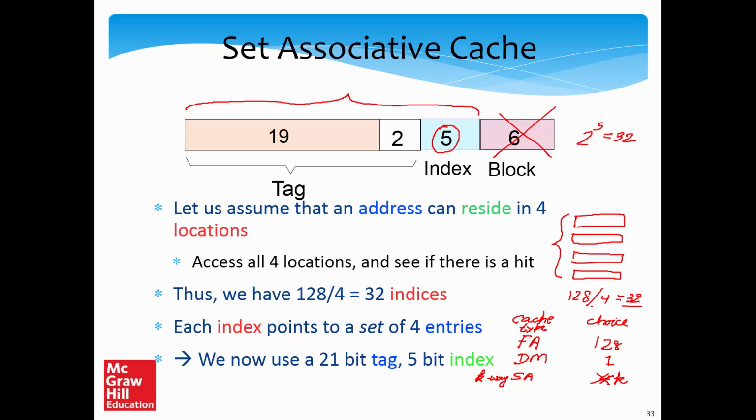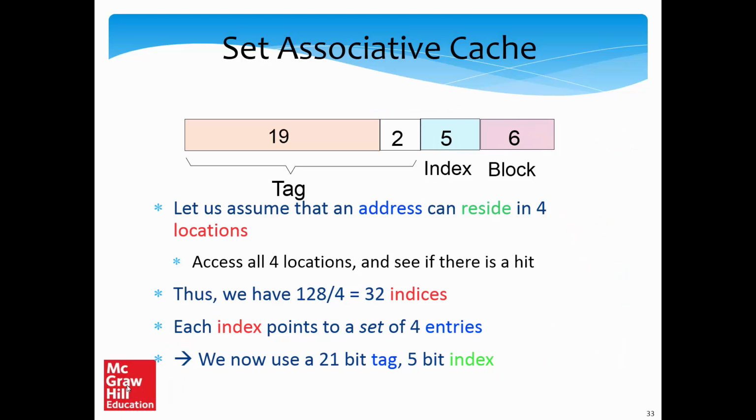So if you want me to explain it in a different way, I can do that as well. So let me just clean up the ink on this slide. So what we can do is we can take all the 128 entries and we just have to group them into sets of 4 each, right?